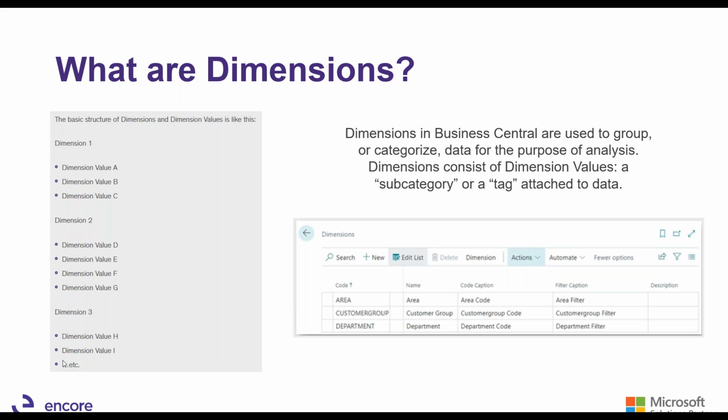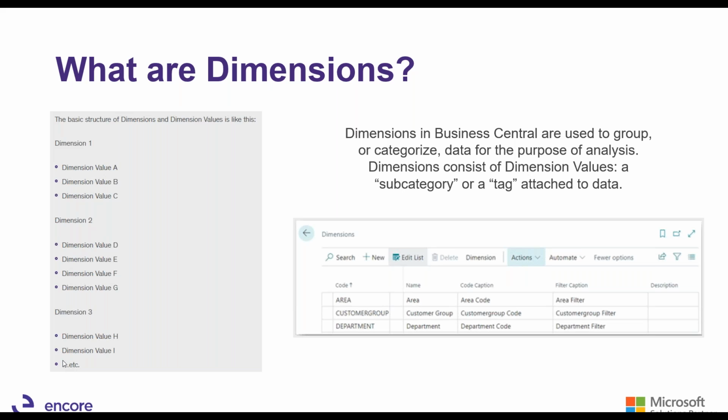So really quickly, just the basic overview, what are dimensions? Basically, they're used to group or categorize your data just for analysis purposes. Along with dimensions, there are dimension values, which are also considered subcategories or the tags that are attached to your data.